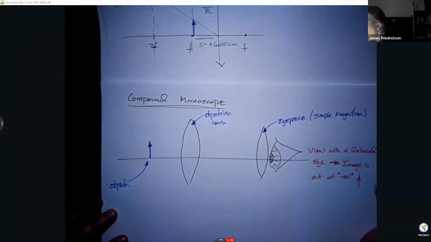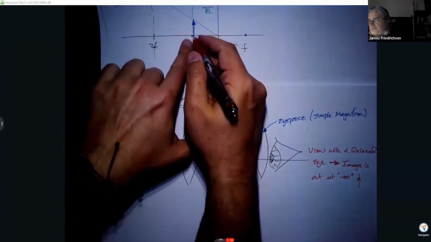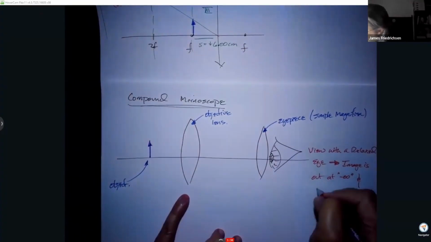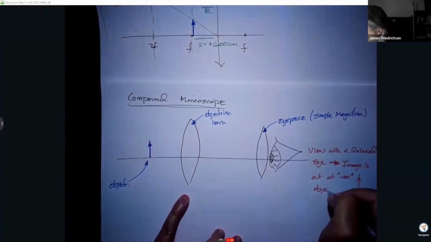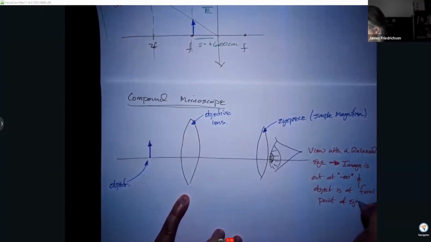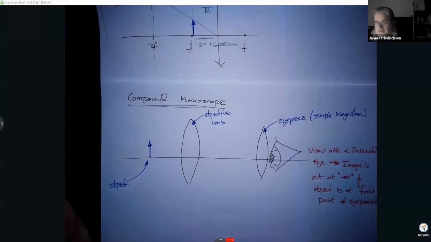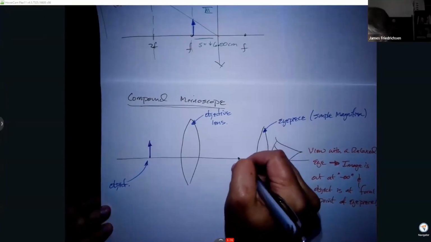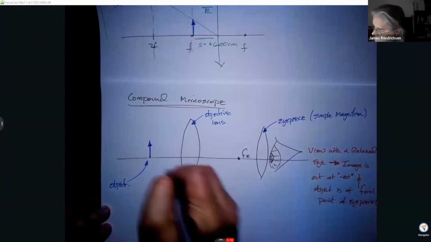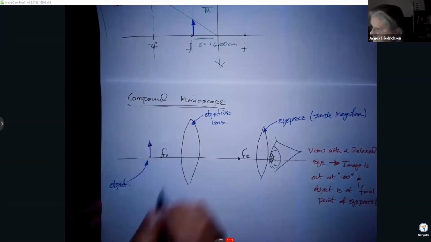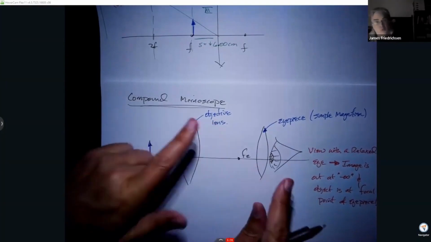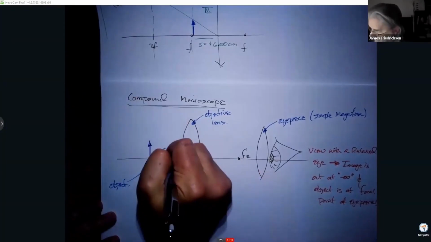And in order to put our image out at infinity, the object has to be at the focal length for the eyepiece. So we're going to have a focal point for the eyepiece, and a focal point for the objective lens, and they might call this a 1 and a 2 for the first lens and the second lens, like this.